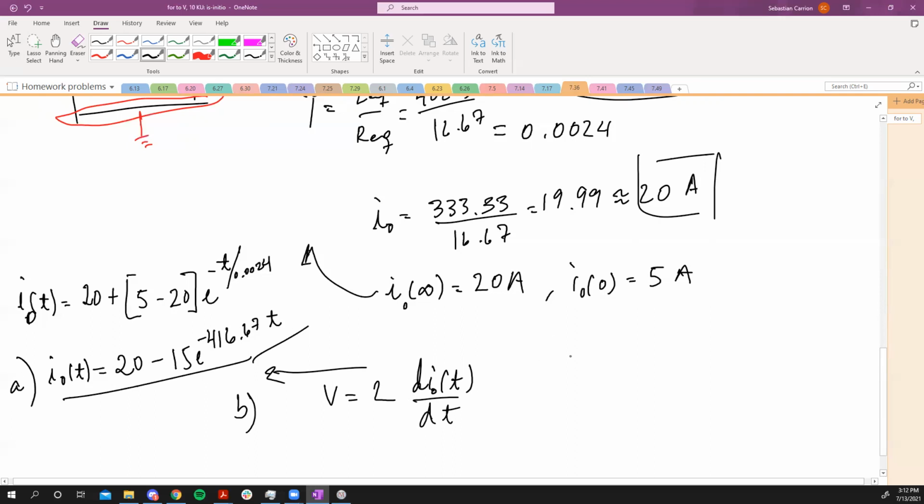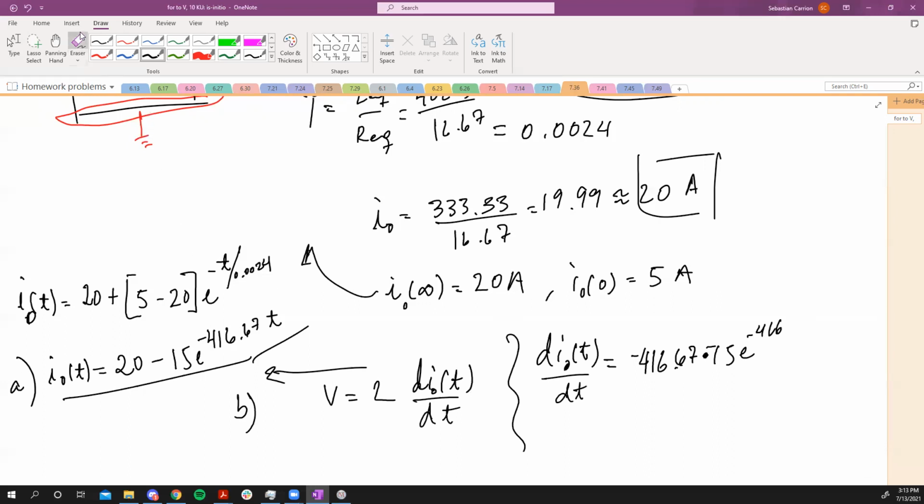So you know that di dt equals negative 416.67 times 15, times negative 15 e to the negative 4... oops.